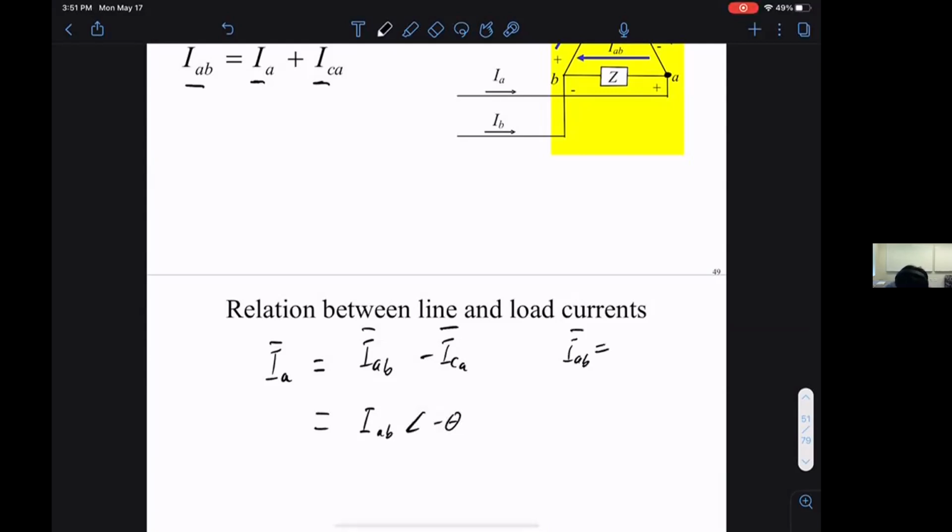So if IAB has a magnitude and an angle of minus theta, then what is the angle of ICA? Sorry, yeah, go ahead. Plus theta?